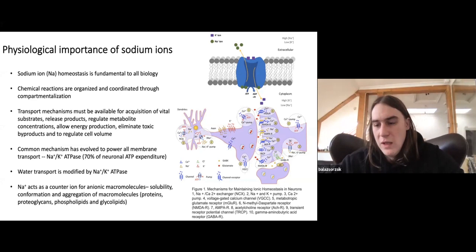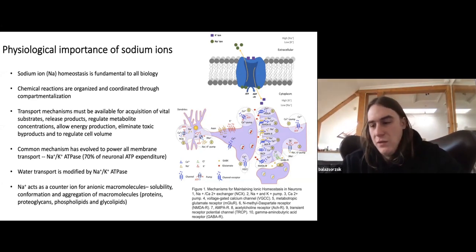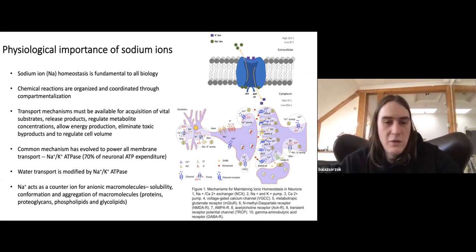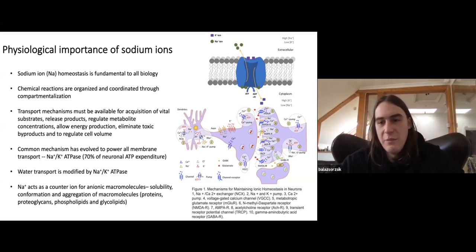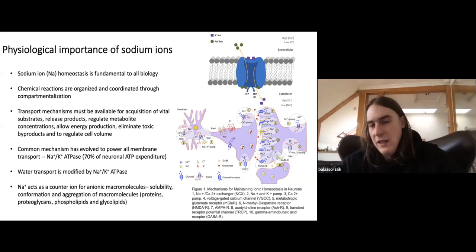cell volume. Despite the variety of metabolites that cross these membranes against their concentration gradients, a common mechanism evolved to power all of these transport processes, and that happens through the sodium-potassium ATPase.